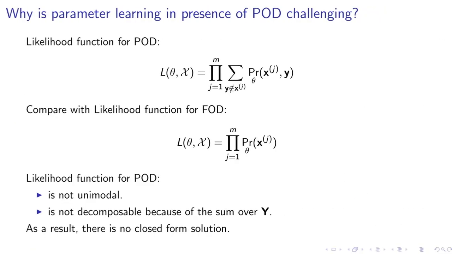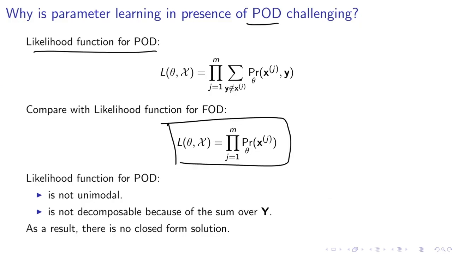So the first question that we want to answer is, why is parameter learning so challenging in presence of partially observed data? The reason is actually quite simple. If you remember the expression for the likelihood function in presence of fully observed data, the likelihood function was decomposable and it was unimodal.